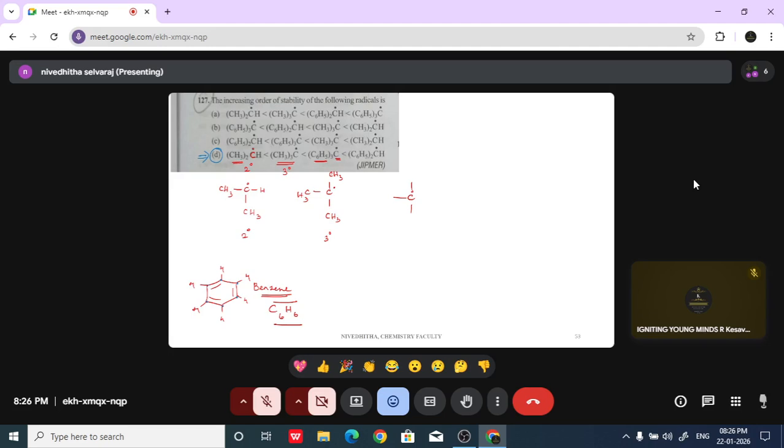So C6H6 is benzene. Here we're going to remove one hydrogen and substitute the group in its place. So this is nothing but C6H5. This is called benzyl or phenyl. This is the group they are talking about.